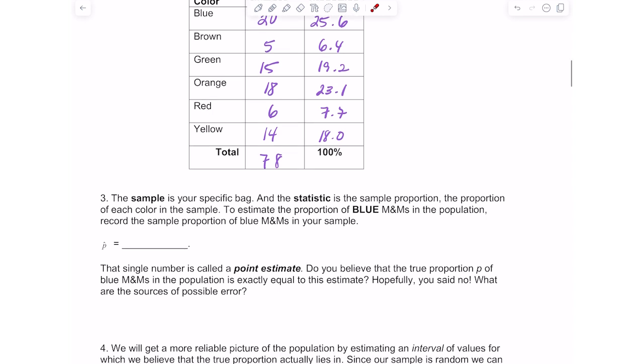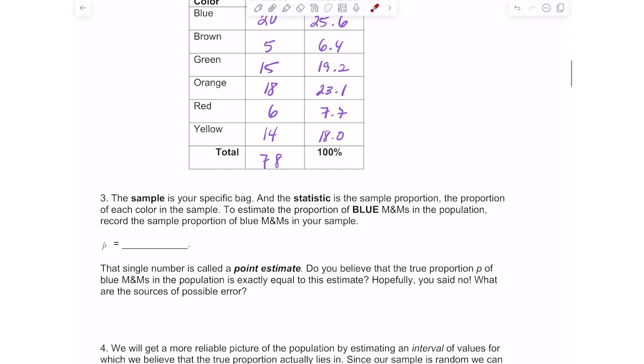So we can make some estimates, and we can be so confident. We're going to look at different confidence levels. Let's say I want to be 95% confident. What that means is not 95% certain in that way. It means that if you were to keep taking random bags, over and over again, of the same size, so 78 M&Ms in each sample, 95% of them would contain the true population parameter, so the percentage of M&Ms that are blue.